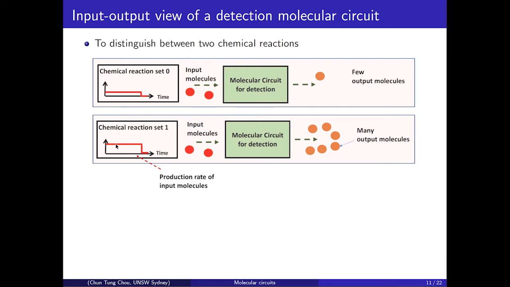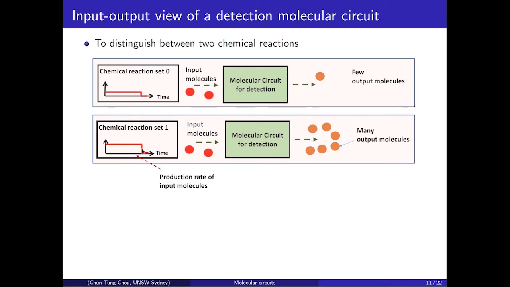Because what we want to do is detection. We want to distinguish between these signals. One requirement that we may want to impose on our molecular circuit for doing this detection work is, if this chemical reaction is present, then this molecular circuit will produce a small number of output molecules.